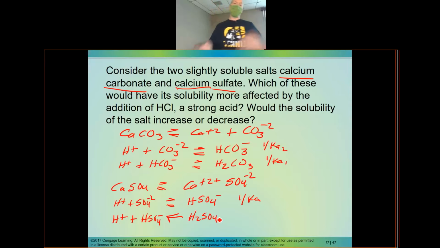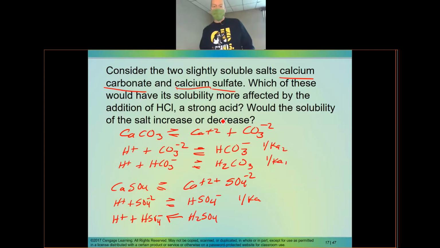H2SO4 is a strong acid, 100% ionized. Unfortunately, only the first H plus comes off 100%, and the second H, HSO4 minus, is actually a very strong acid as well. So you only have 1 over the Ka for the sulfate.